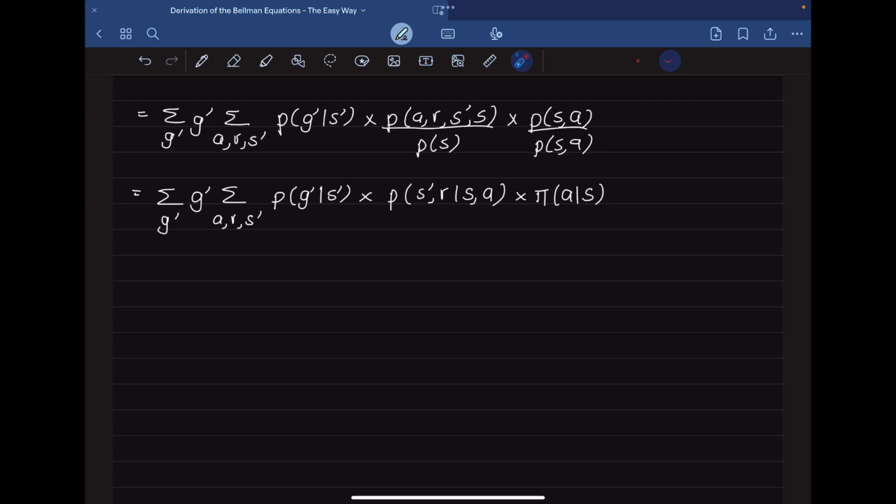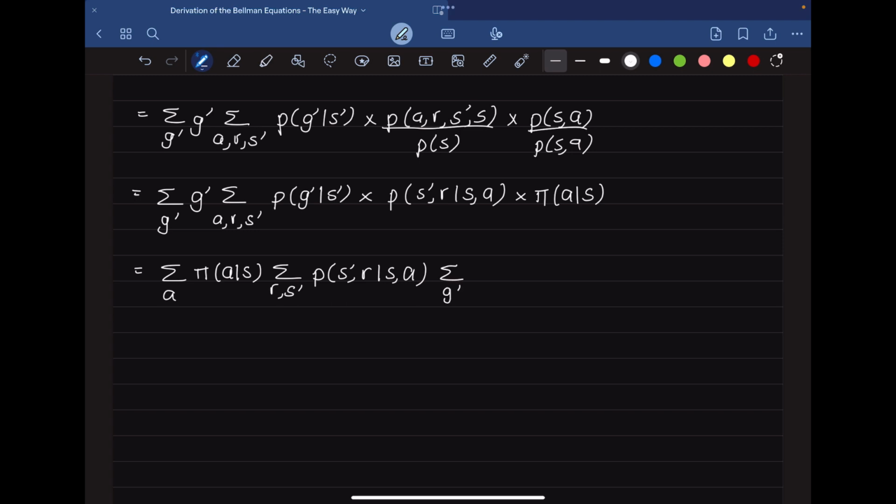And now we can do a very simple manipulation of the positions of these expressions. This is basically summation over all the actions, then summation over all the rewards and the next states, right? So the probability of going in the state s prime and the reward r given s and a. This again is summed over all the possible future returns, G prime times the probability of G prime given s prime.